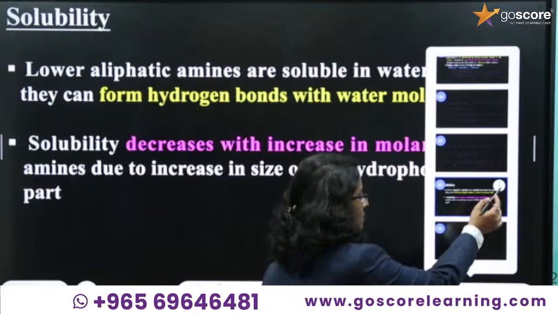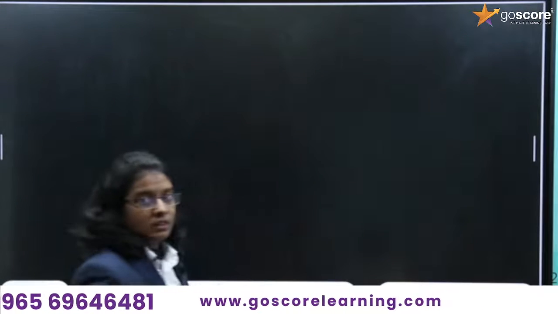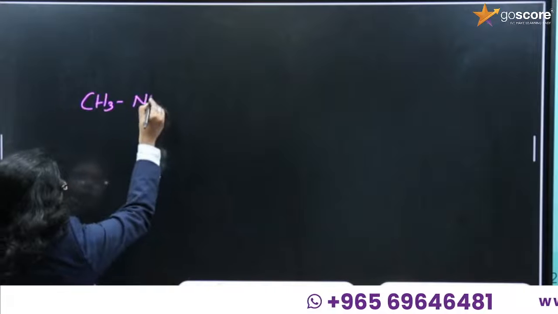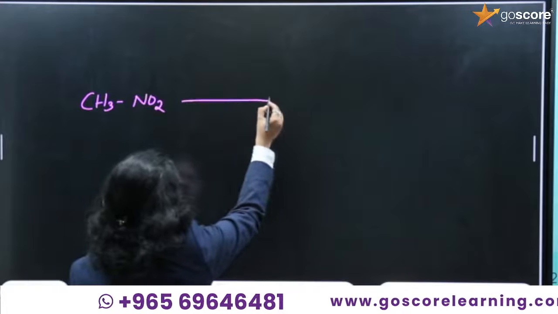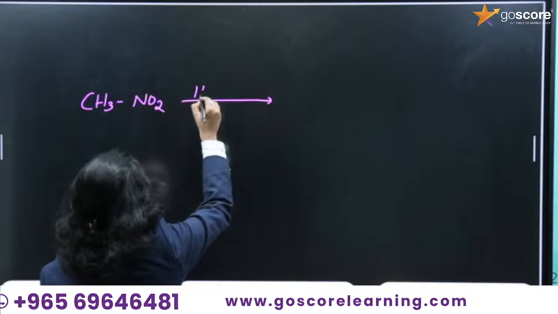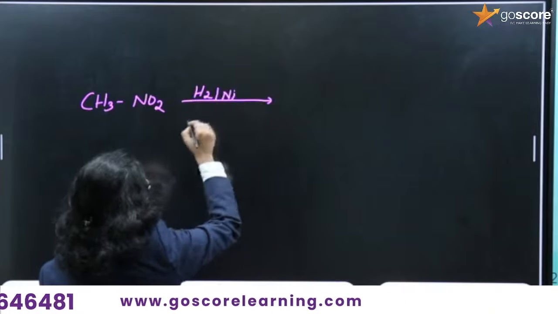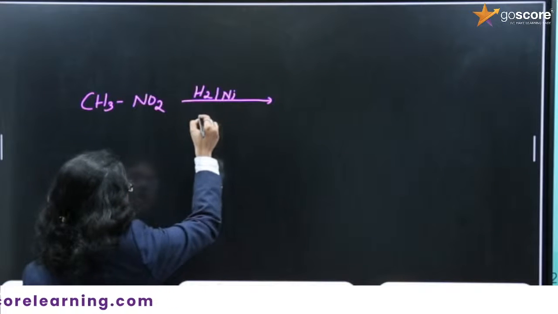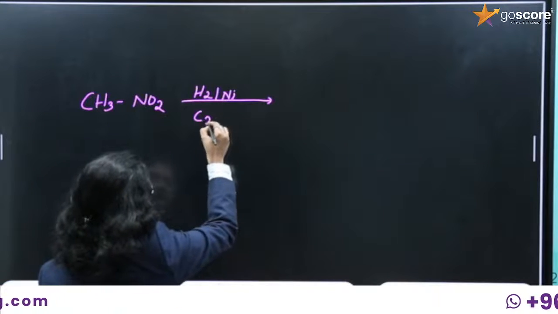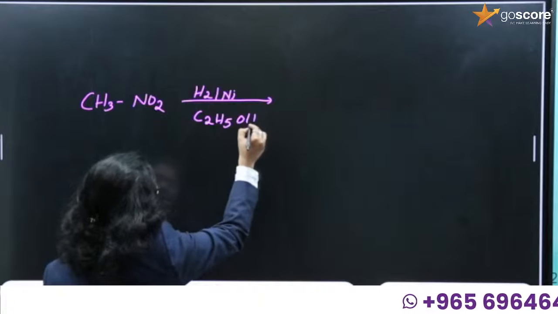So I'll give some questions. You have to answer the products. First, I will write the question. CH3NO2. This is nitromethane. Nitromethane on catalytic reduction, what will be the product? You have to write that one.